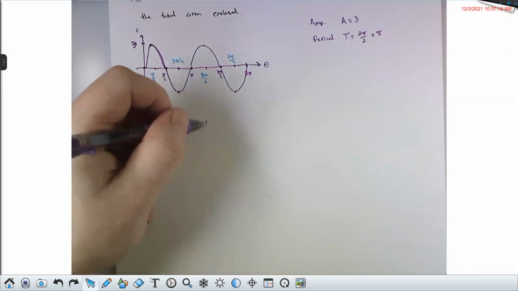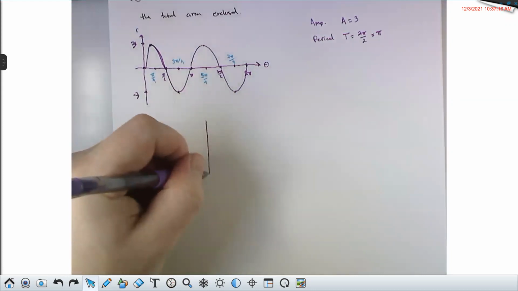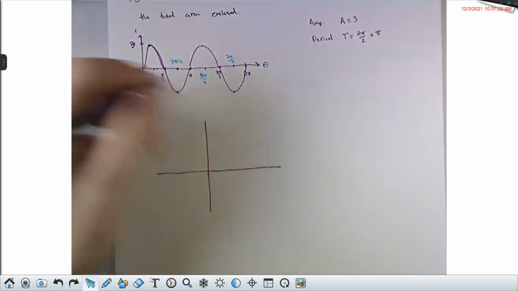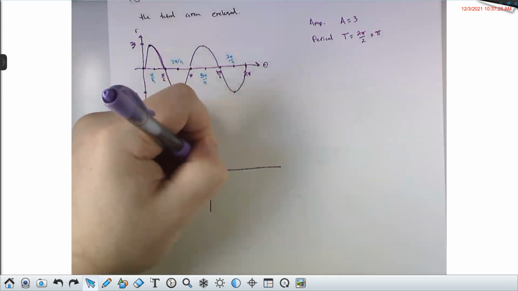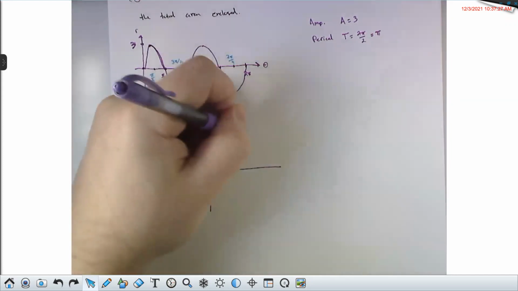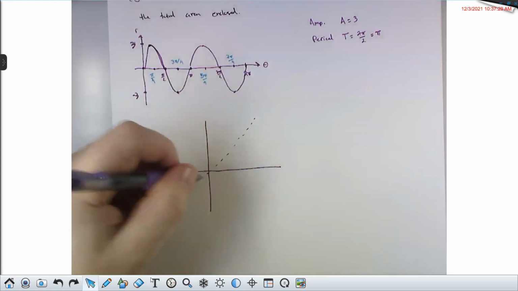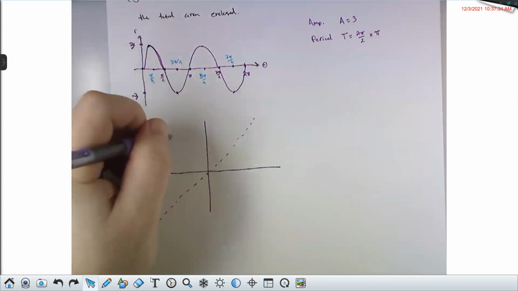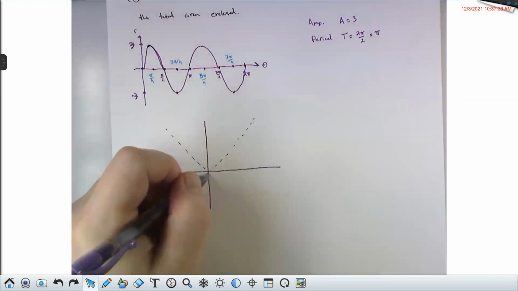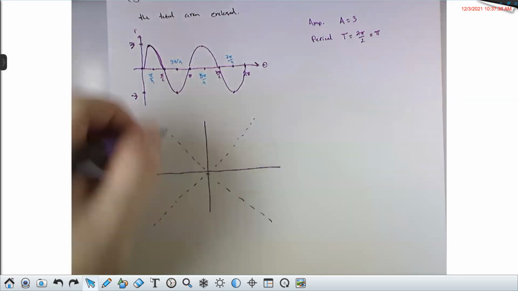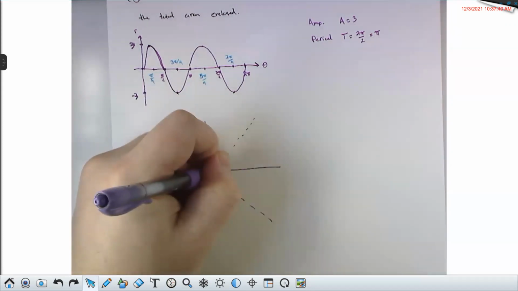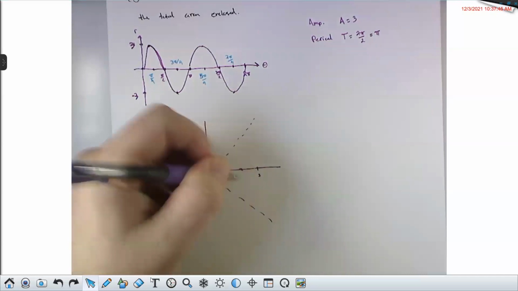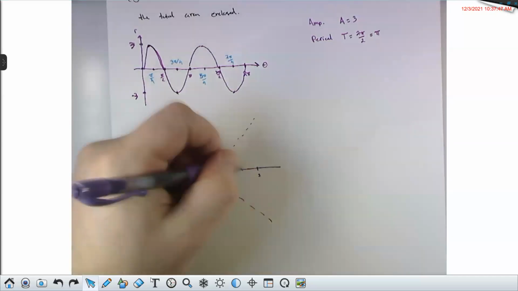So if I want to transfer this into polar coordinates, I should mark off the multiples of pi over 4. All right, and I'll call this 1, 2, 3, just to give us a scale here.